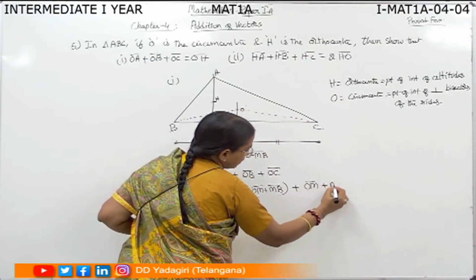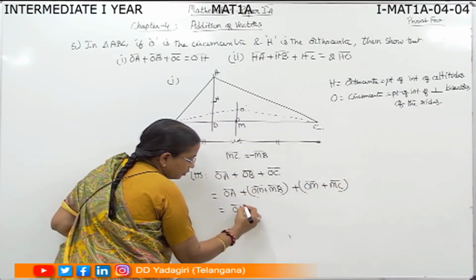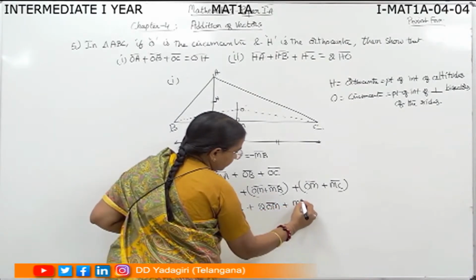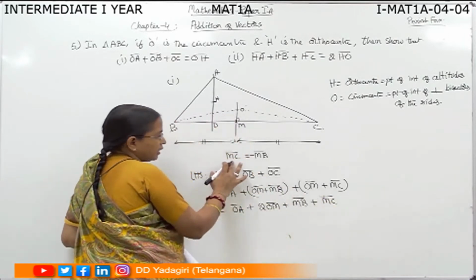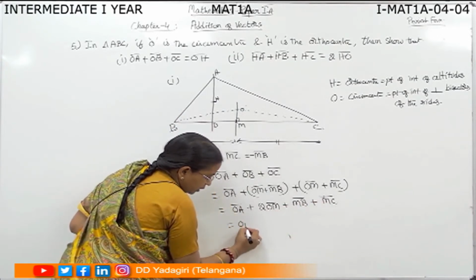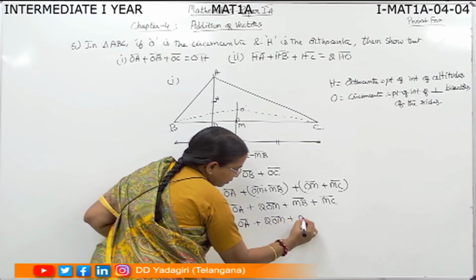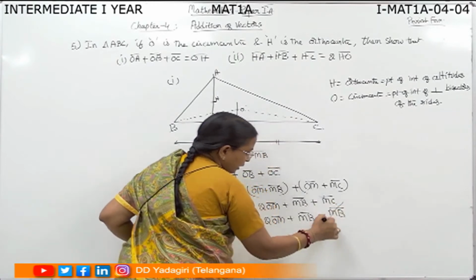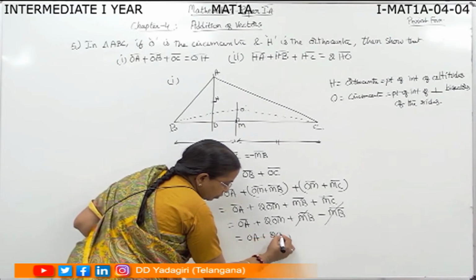So you get OA plus 2 times OM plus MB plus MC. But MC is minus MB, so those two will get cancelled, and we get OA plus 2 times OM.